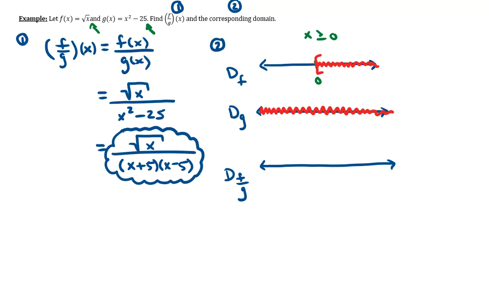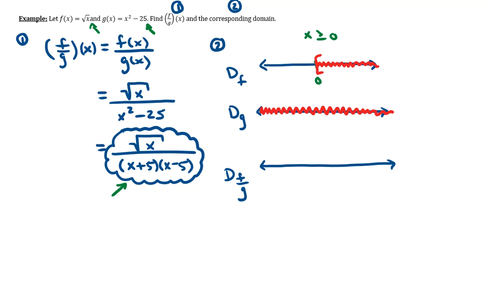If we look at our combined function f over g, our denominator, which came from the construction of f over g there, has some variables in it, namely the variable x, which means that there's a possibility that we could divide by 0 based on the construction of this function. And there are two values of x that would create division by 0 here. That would be x equals negative 5 and x equals positive 5.